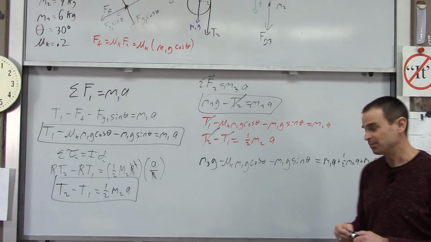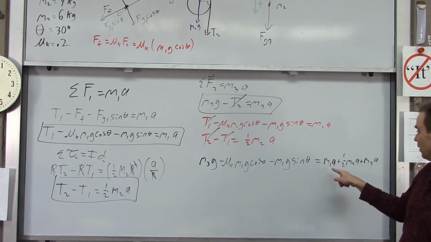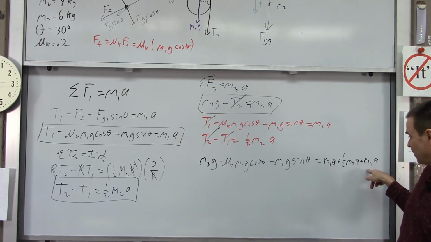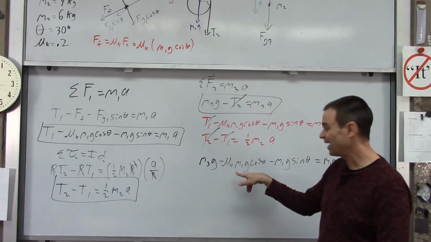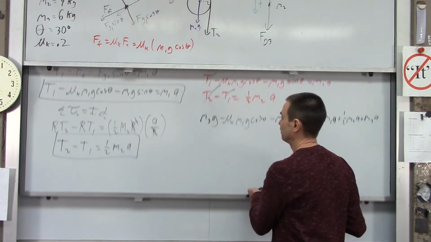And we've almost got A. To get A by itself, you would factor the A out here. So you'd have A times M1 plus a 1/2 M2 plus M3. And you divide everything by that, and that's your expression for acceleration.